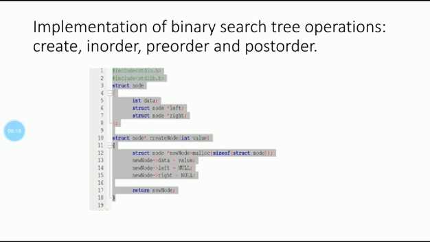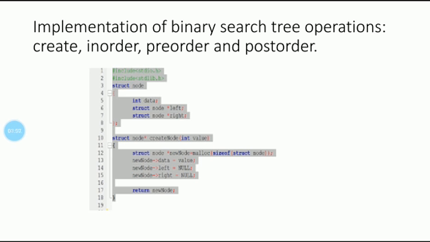To create the binary search tree, we are going to make use of a structure. Whatever the data structure may be, like linked list, tree, or stack, we are going to use a structure. Because a tree is a collection of nodes, for each and every node that exists in the tree, we have to create it initially.